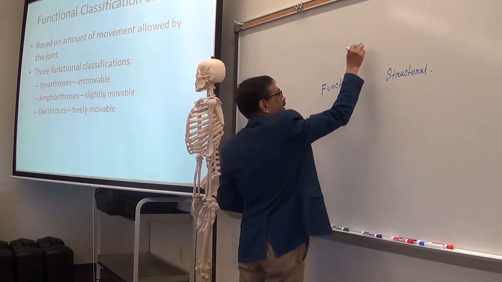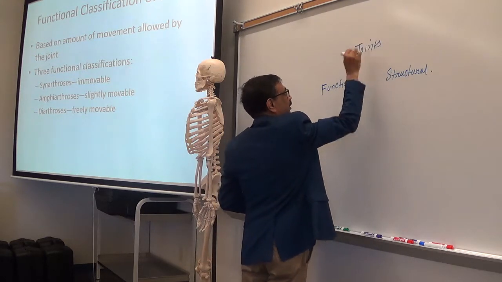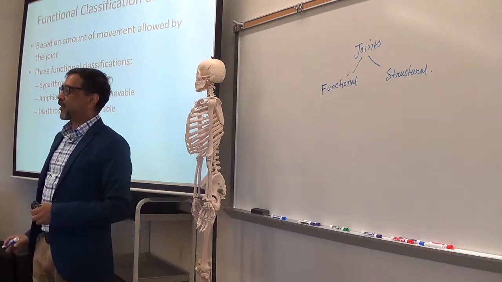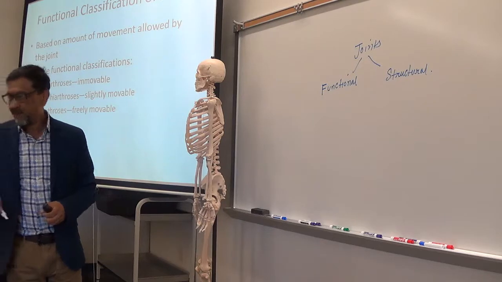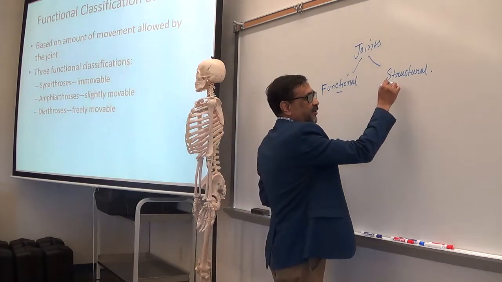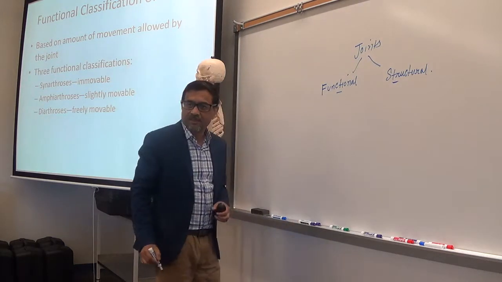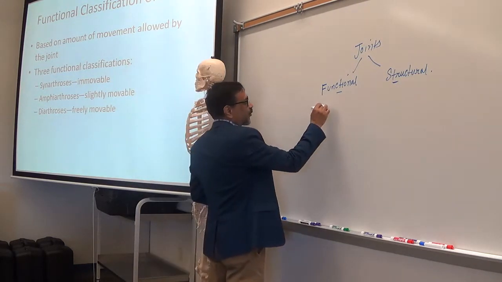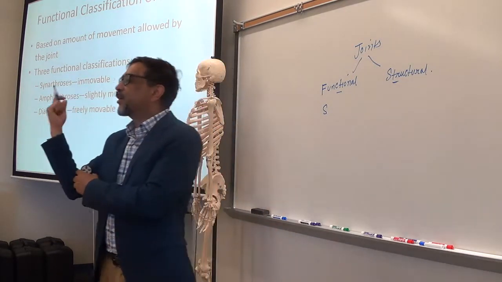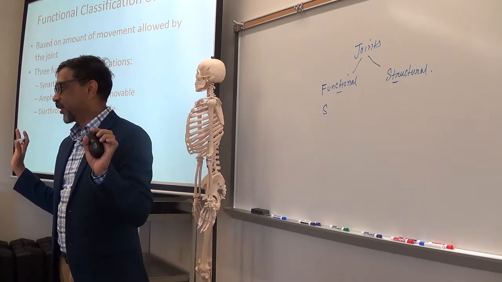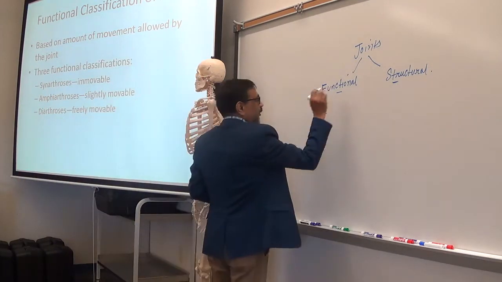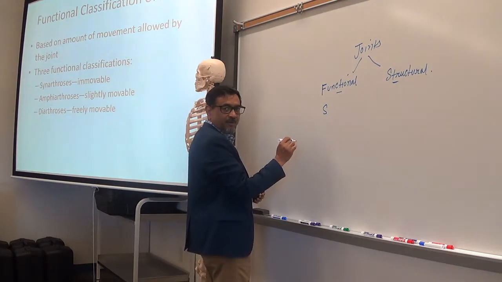So, joints are divided or classified in two ways: functional classification and structural classification. Functional depends on the amount of movement, how much movement occurs in that joint. Is it clear? So, there are three types of functional.